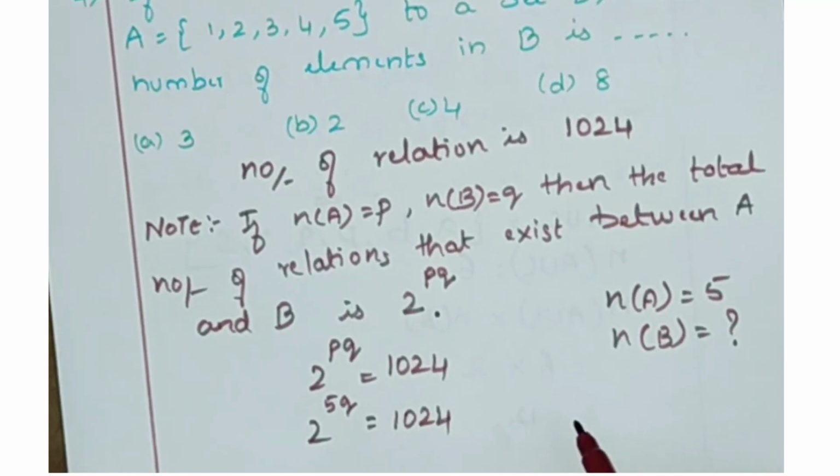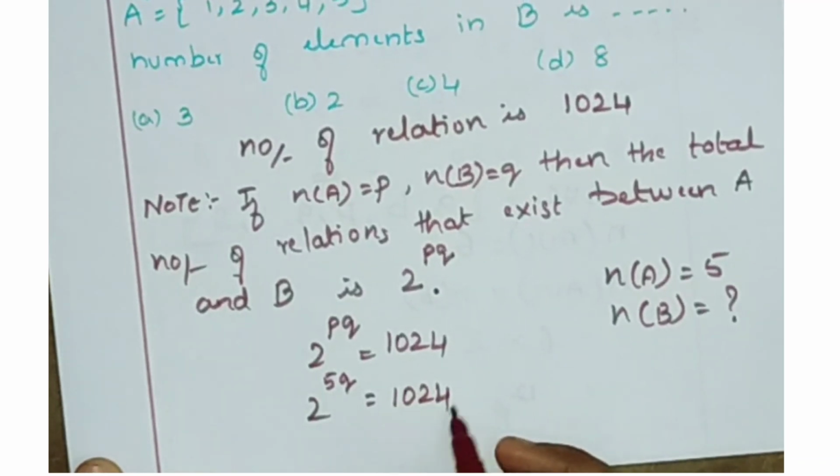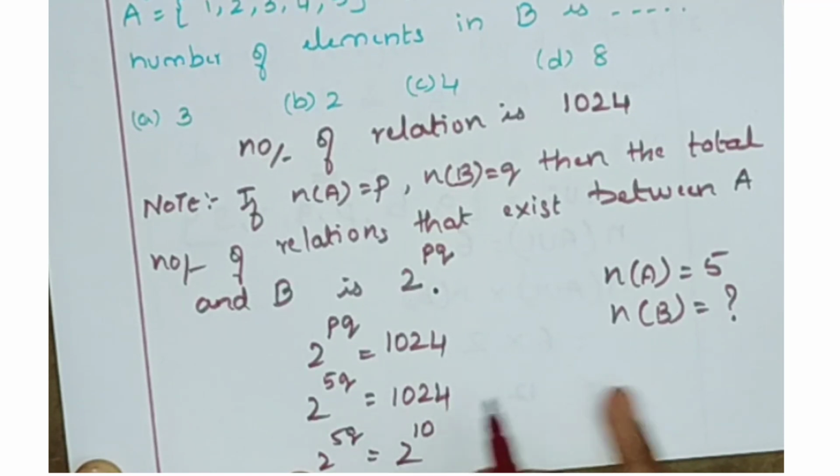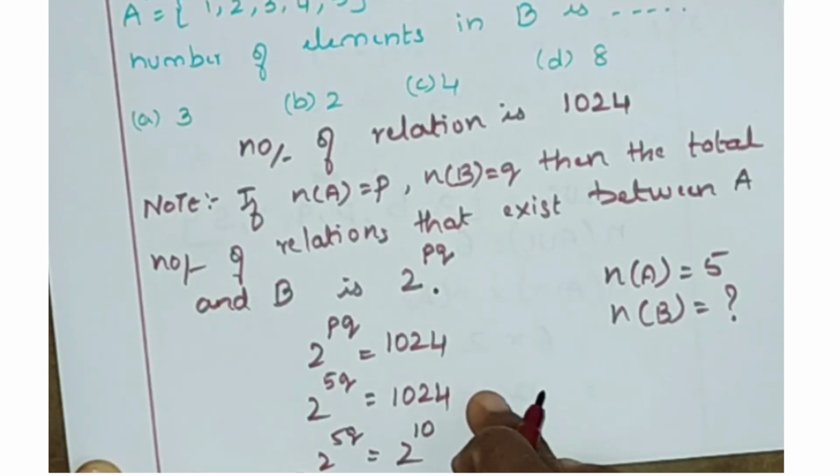1024. See, 1024 can be written as 2^10. You have to remember this because repeatedly they'll be asking this. So 2^10 is 1024. Now the base is similar, so I'll just cancel it.